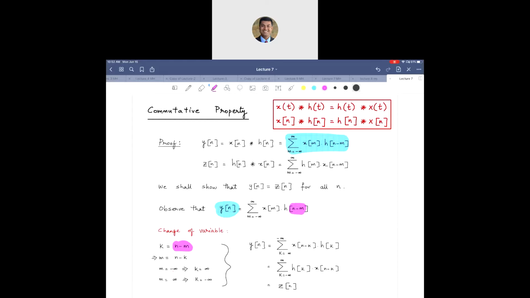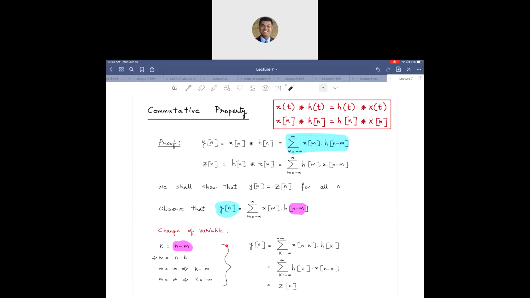So if k is equal to n minus m, then m can be written as n minus k. The limits of the summation need to be adjusted because you are no longer summing with respect to m, you have changed it to k. So when m equals negative infinity, k evaluates to plus infinity. When m equals infinity, k equals negative infinity.